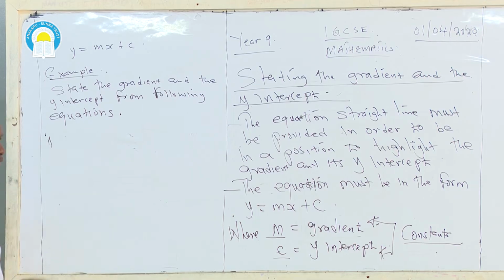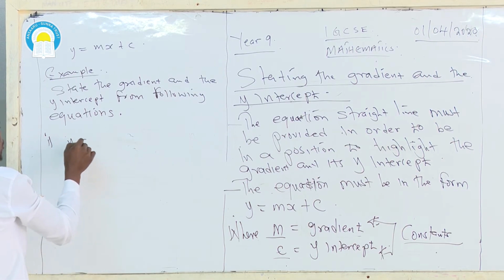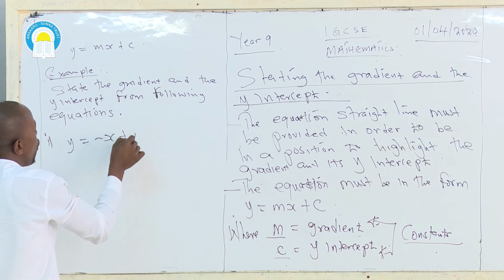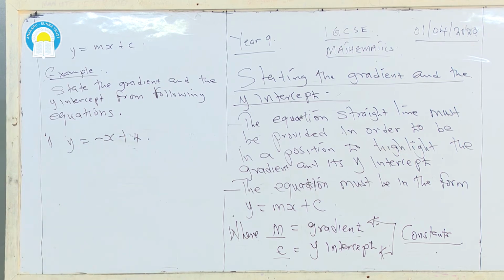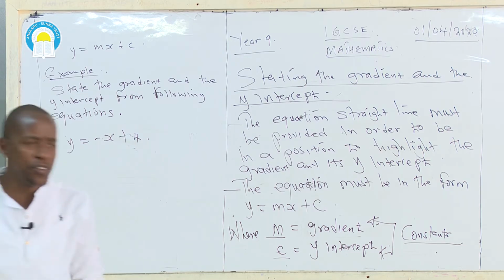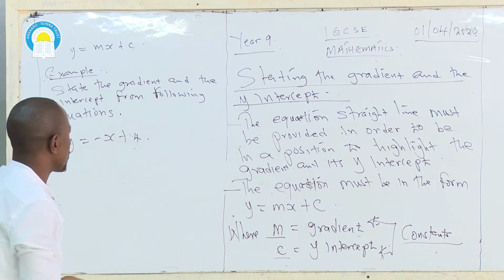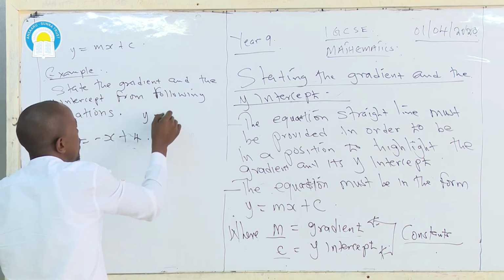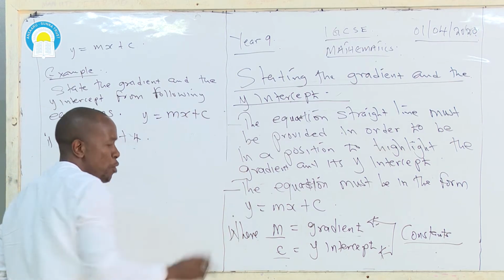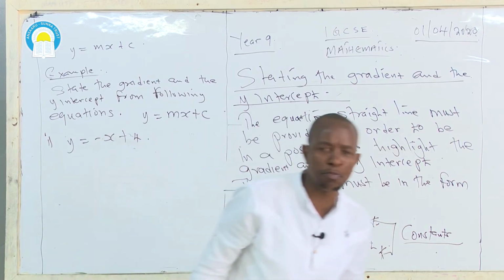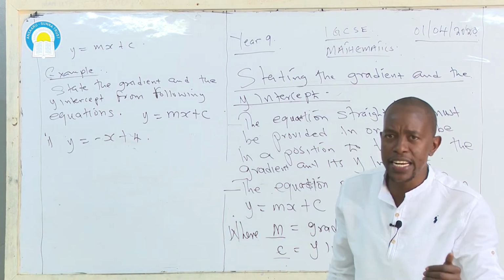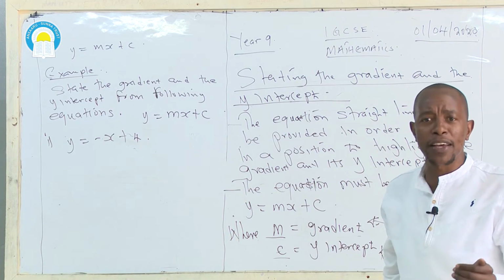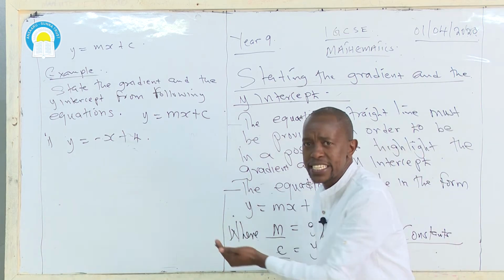Roman 1, we have y is equals to minus x plus 4. The first thing that you need to identify is whether the equation is written in the form of y is equals to mx plus c. If it's not, start by writing it in that form.